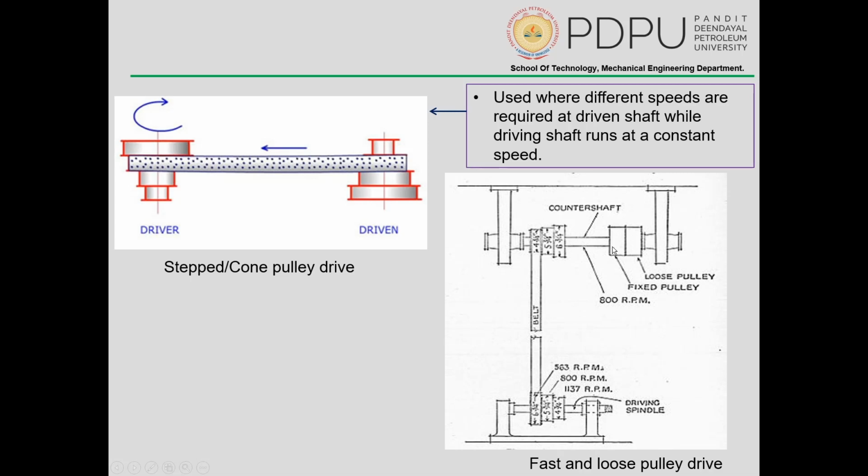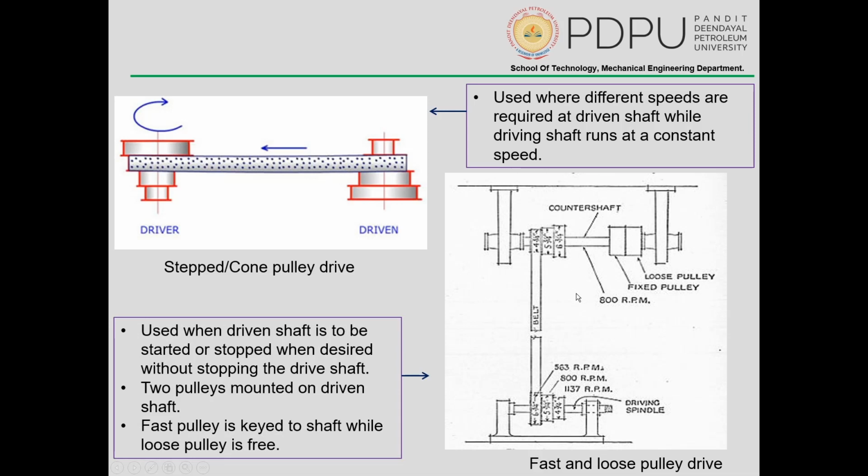When this shaft is connected with the help of the fixed and loose pulley, then the power is transmitted from here to the output shaft. Whereas if we disengage these two, then even though the driver spindle is on, the power will not be transmitted. So this type of arrangement is used when we do not want to stop the driver, whereas we want to stop the device that it is running.